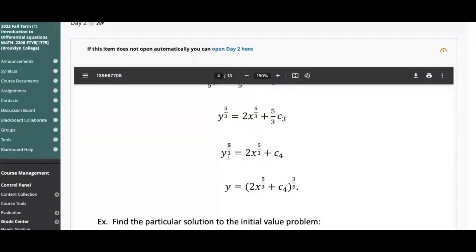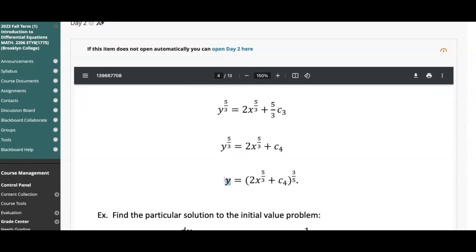If this is even, especially if the index is even, we may not be able to do that. But in this case, yes, we can. The solution is a function. So y is a function in terms of x.